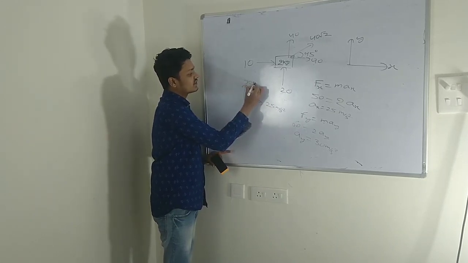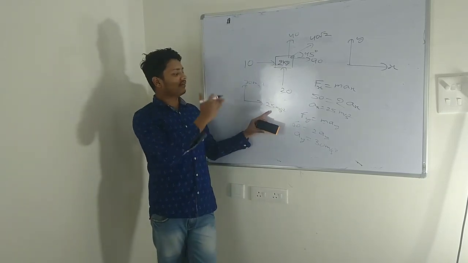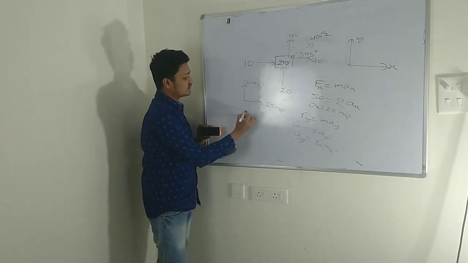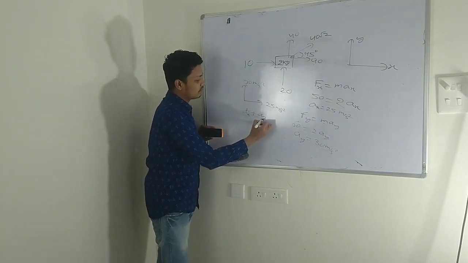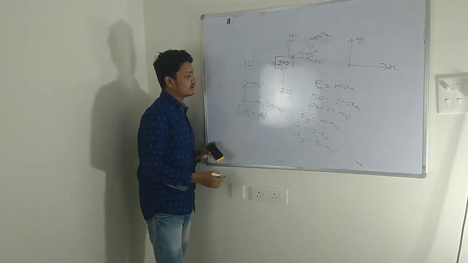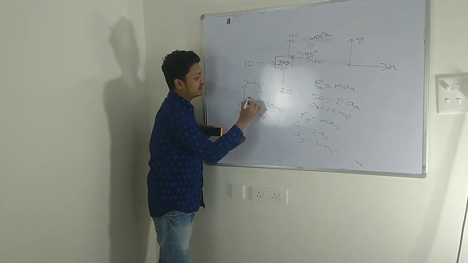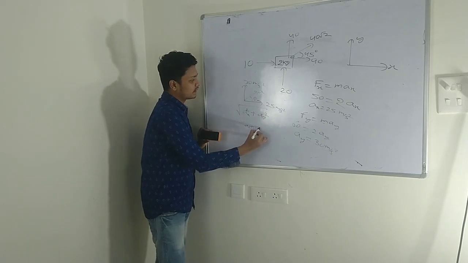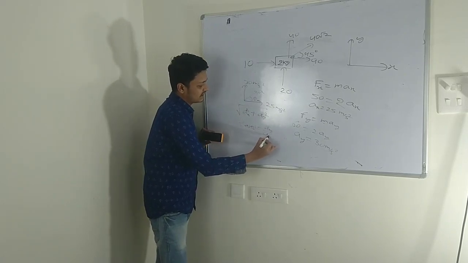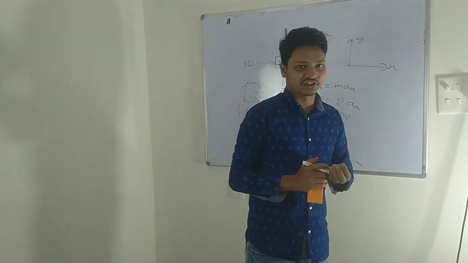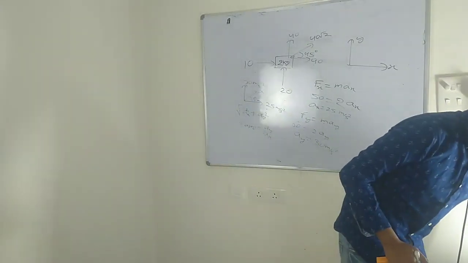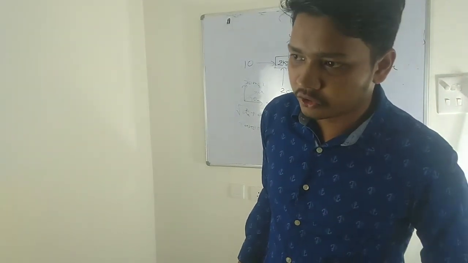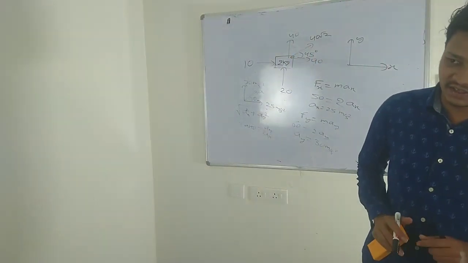So the final accelerations are 25 meter per second square and 30 meter per second square. The net acceleration can be written as 25 i cap plus 30 j cap, and the magnitude is the square root of ax square plus ay square. If you want to find theta, tan theta is equal to ay by ax. Okay, these are the basics in Newton's laws of motion. Everyone is here now, getting it?